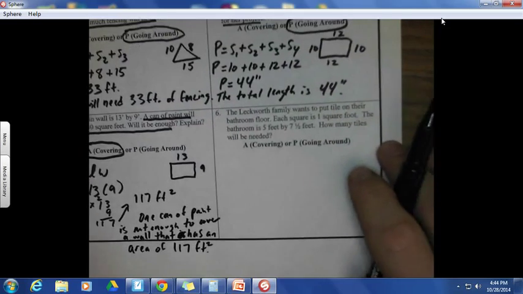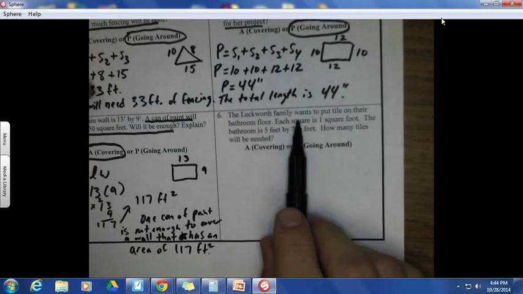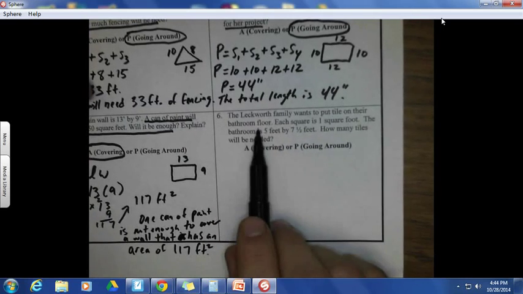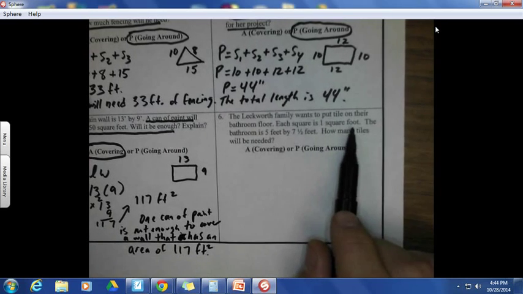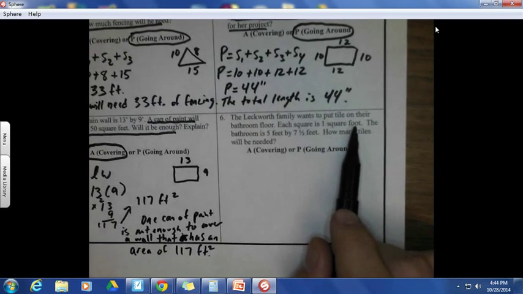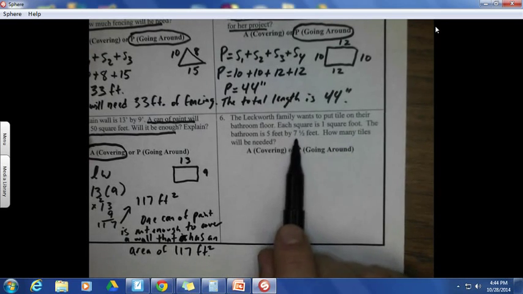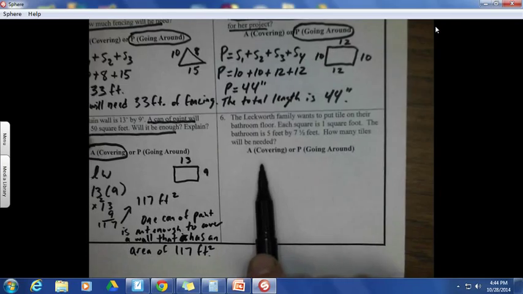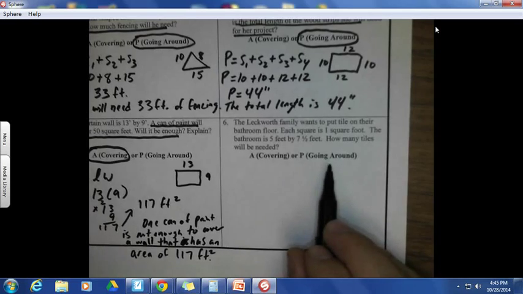Okay. Alright, and the last problem on this page says the Leckworth family wants to put tile on their bathroom floor. Each square is 1 square foot. Okay, so that's a common tile size. The bathroom is 5 feet by 7.5 feet. How many tiles will be needed? Alright, so this is a real life problem. So first thing we need to know, are we covering or are we going around?